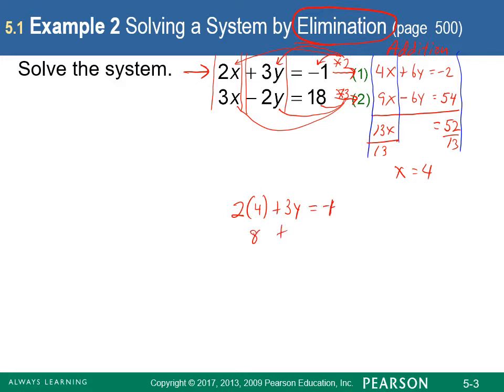That's 8 plus 3y. Subtract 8 and divide by 3. And the proper answer looks like this.